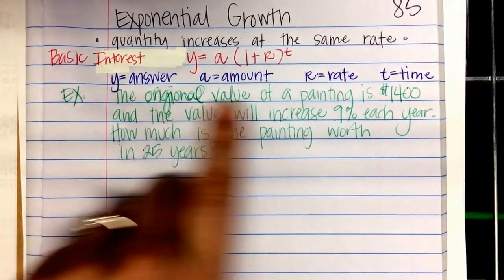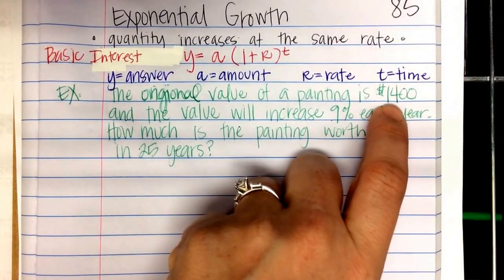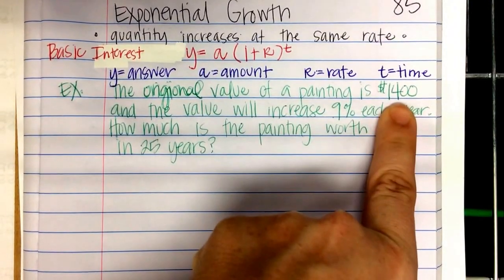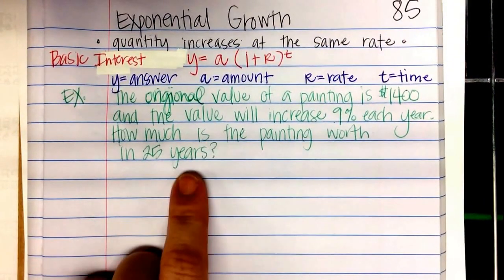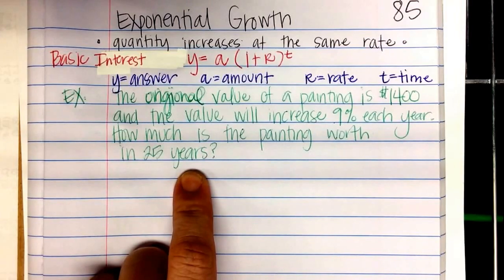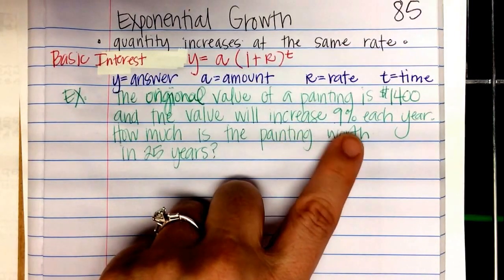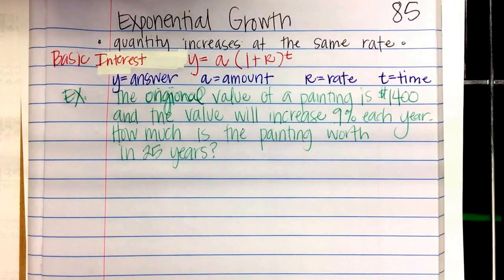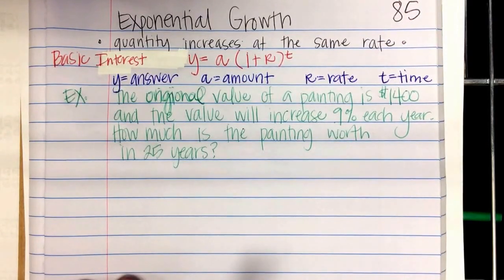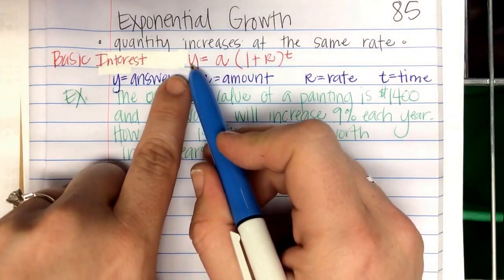So let's pretend it's not even a painting. Let's pretend I went to the bank and deposited $1,400 and I said, you can use this money for 25 years. And they, in return, are going to give me 9% interest each year. In 25 years, when I go back to the bank and I say, hey, I want my money back, how much money am I going to get? So let's figure it out.